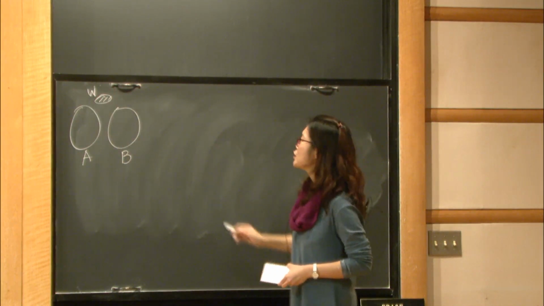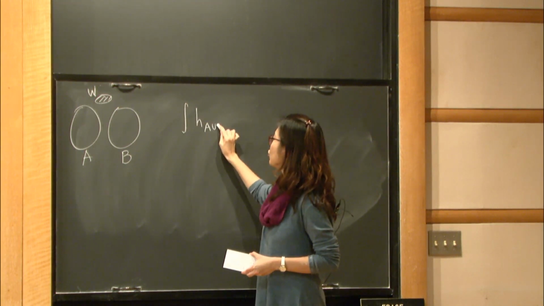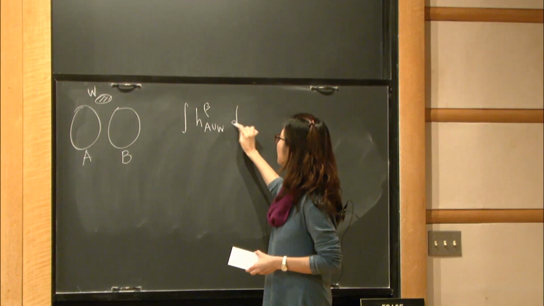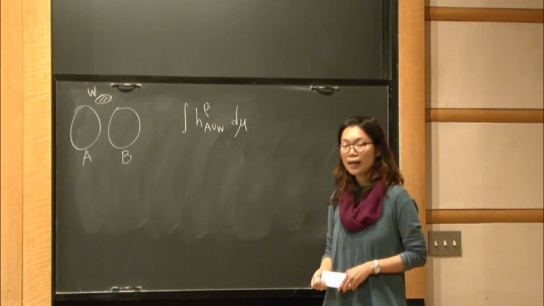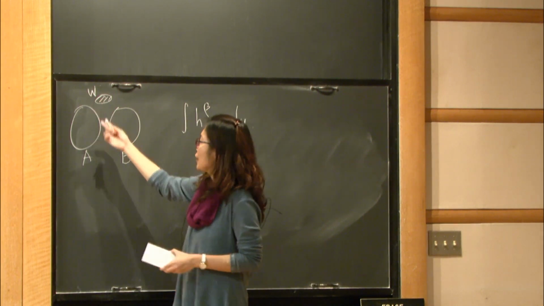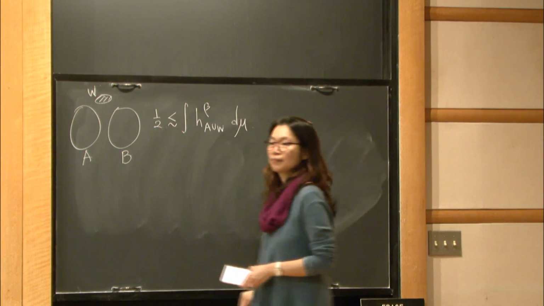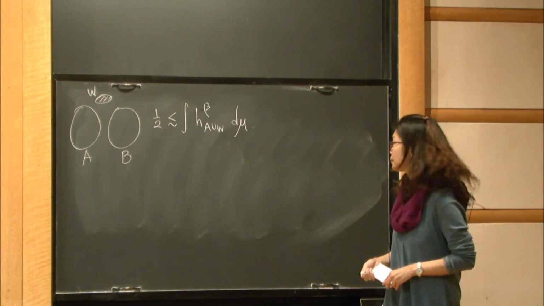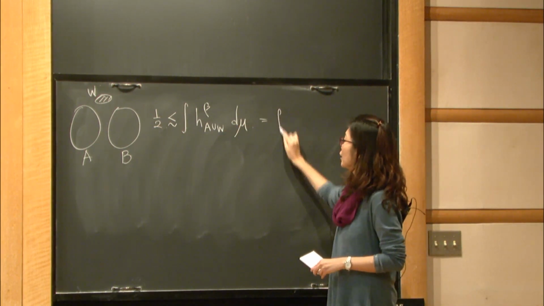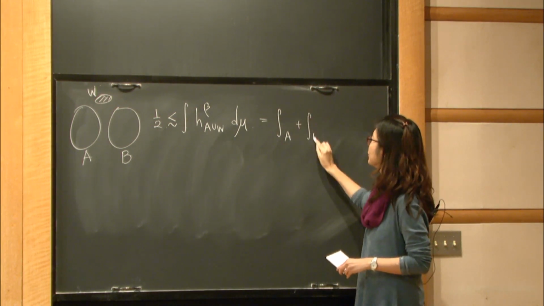And what we do is to apply our main theorem on A union W this time. And here, because the measure of W is negligible, this is again close to a half. And we do the same trick. Compute this on A and on W.